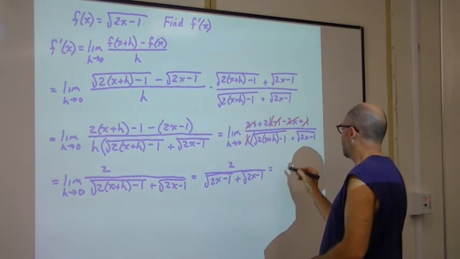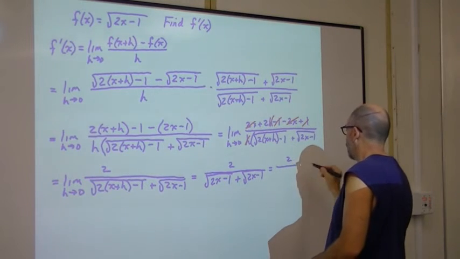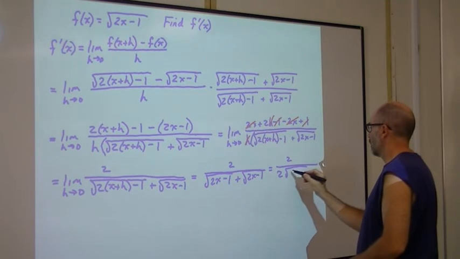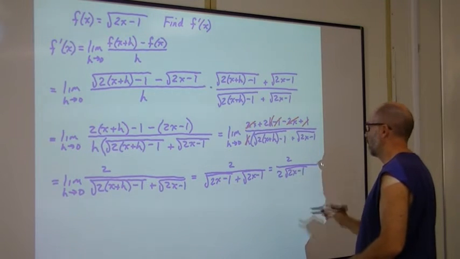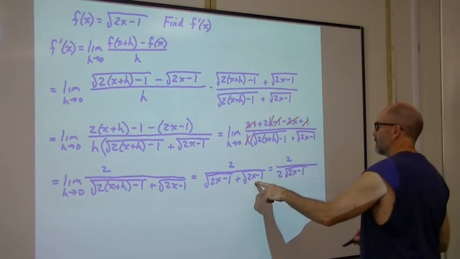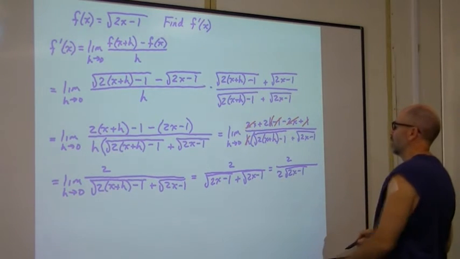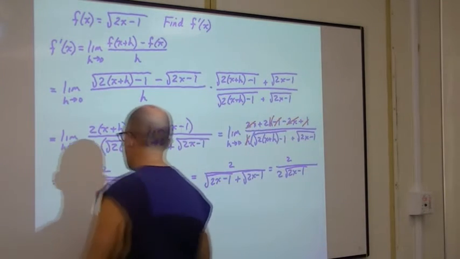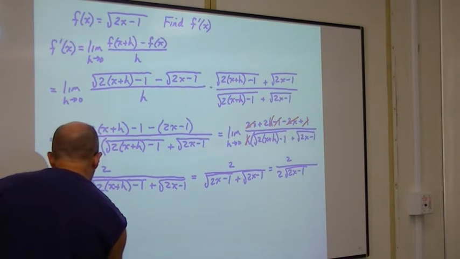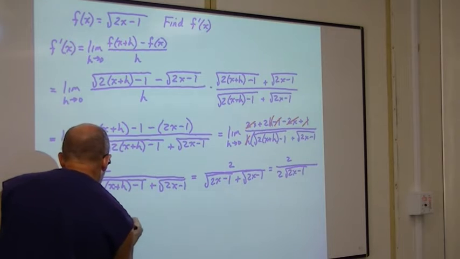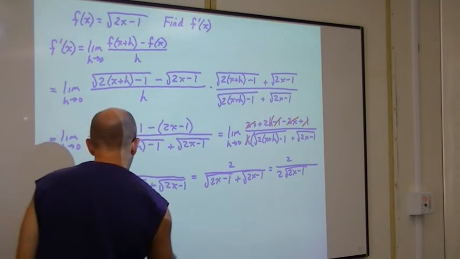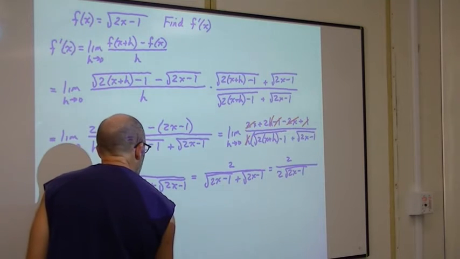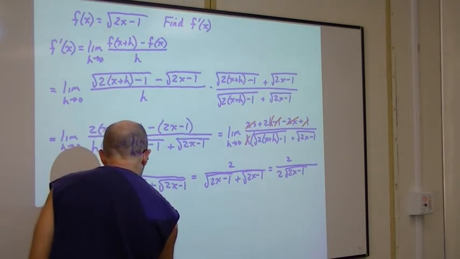So basically what this equals is 2 over 2 times the square root of 2x minus 1. Notice square root of 2x minus 1 plus square root of 2x minus 1 is 2 square root of 2x minus 1s. Now the two 2's cancel, and we have our final answer, f prime of x equals 1 over the square root of 2x minus 1.